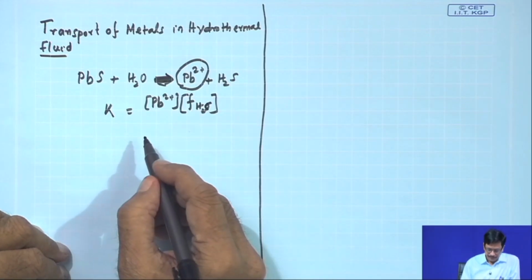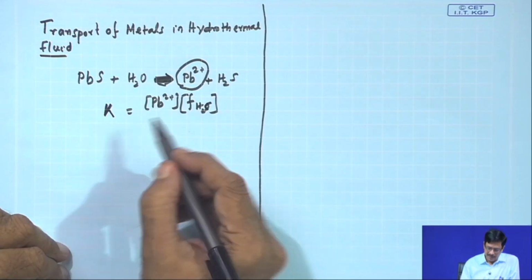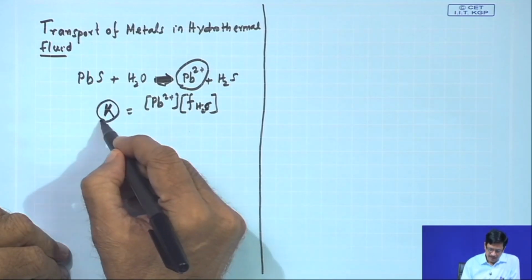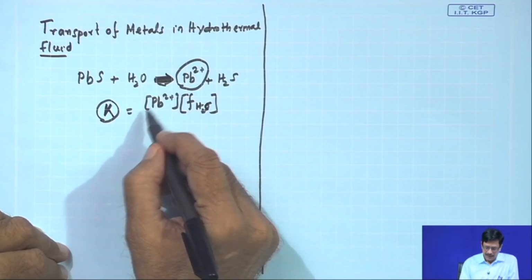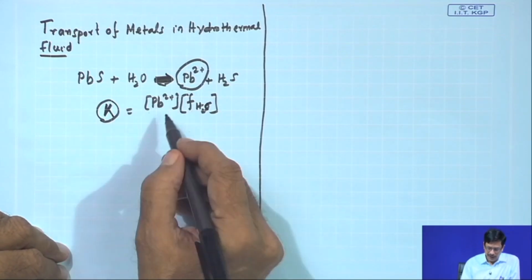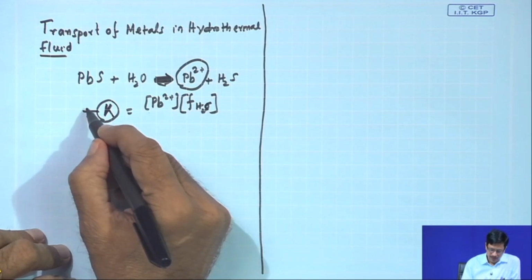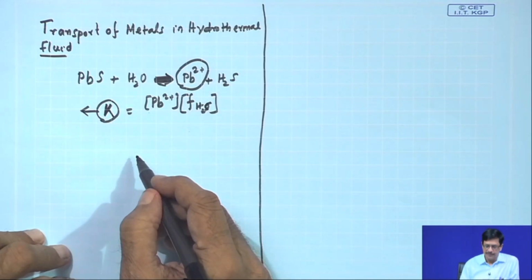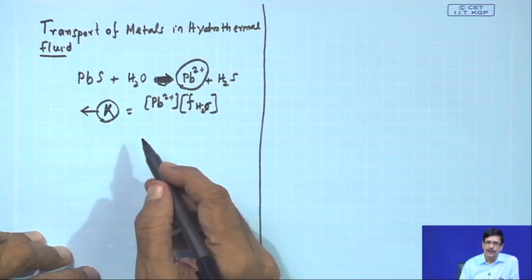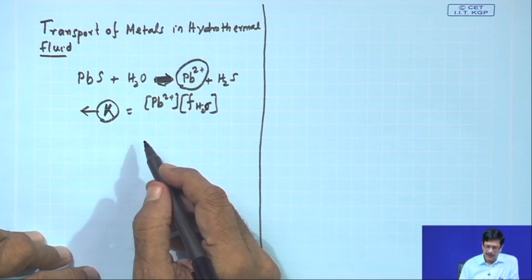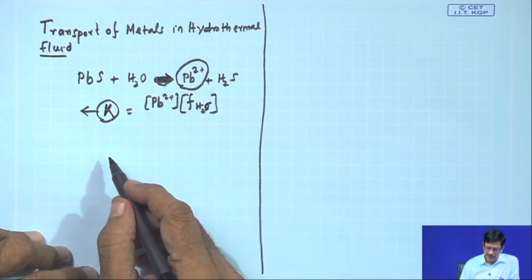This equilibrium constant is temperature dependent, and its value will be related to the lead 2+ concentration. So, if we think that this metal is being transported as lead 2+, then we have to look at the values of the equilibrium constant of such a reaction to conclude whether lead will at all be transported as a 2+ ion, and if so, in what concentration.